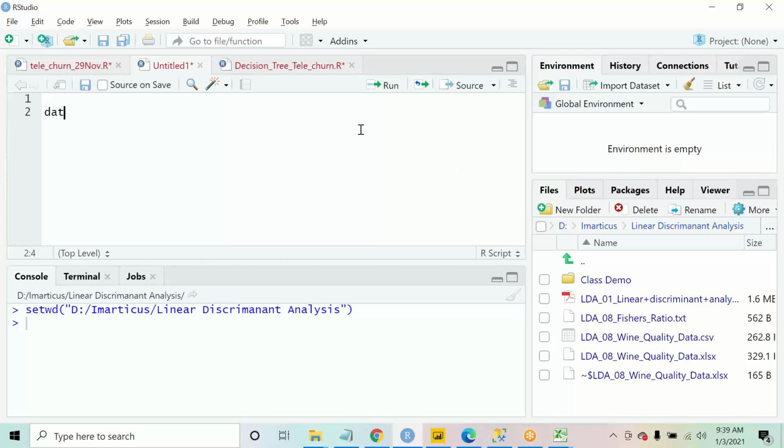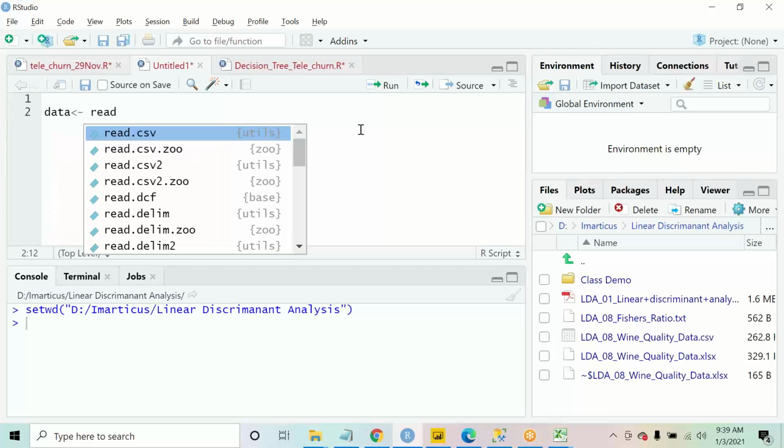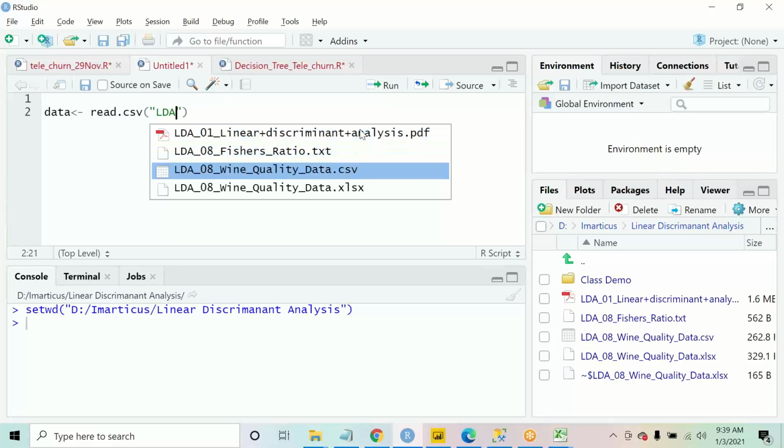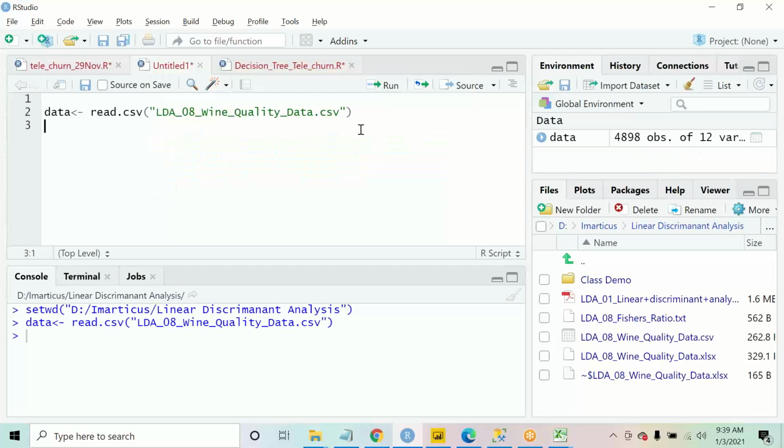Okay, and we will create the data, and data will be read.csv, and the file name is lda08.csv.